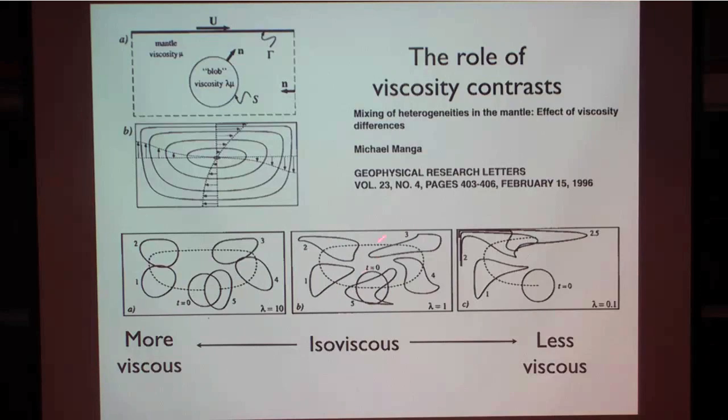Michael did, quite a while ago, a series of calculations of the effect of that, starting with a spherical blob and varying the viscosity contrast in a simple model of flow in order to see what happens to it. You can see that you do get stretching and tendrils that develop while maintaining some of these blobs, depending on the viscosity contrast between the two materials. So that's a complexity that we have to consider, and I won't say anything more about that.